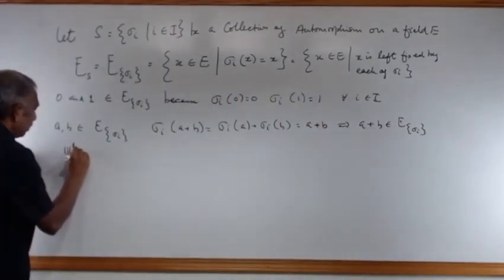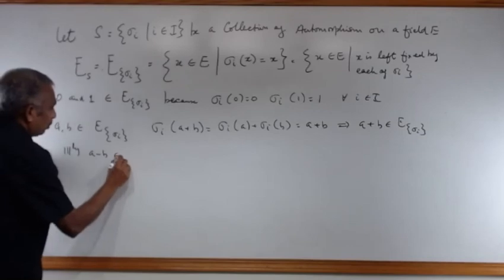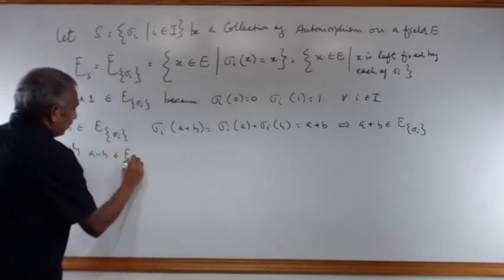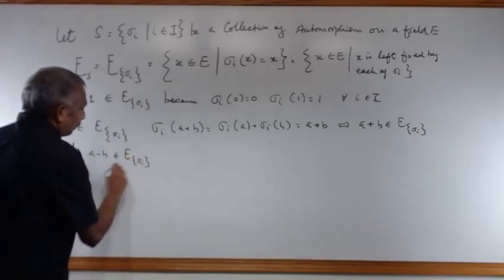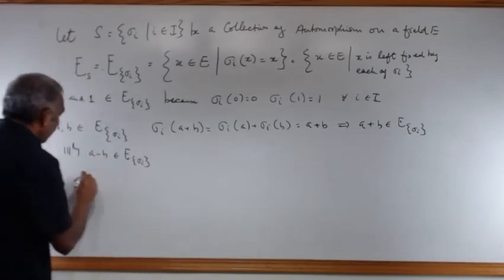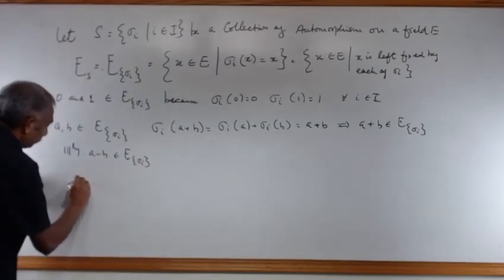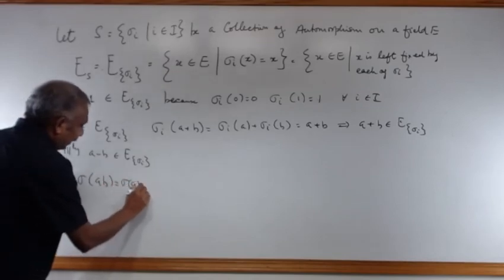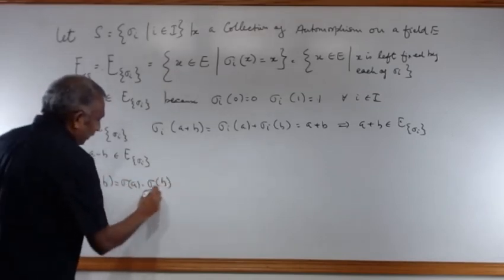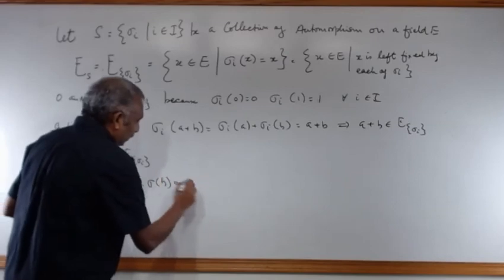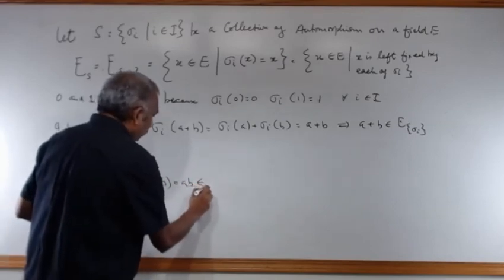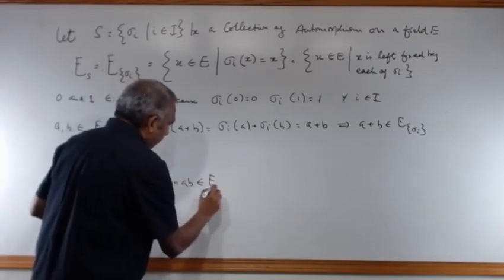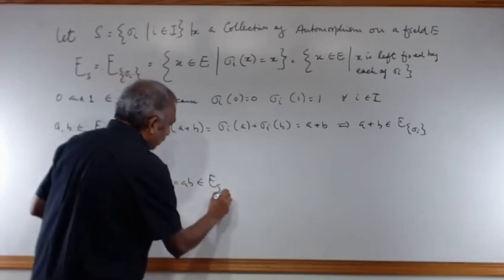Similarly, a minus b belongs to E sigma i. And sigma of ab is equal to sigma of a times sigma of b, which is equal to ab, that belongs to E sigma i's.